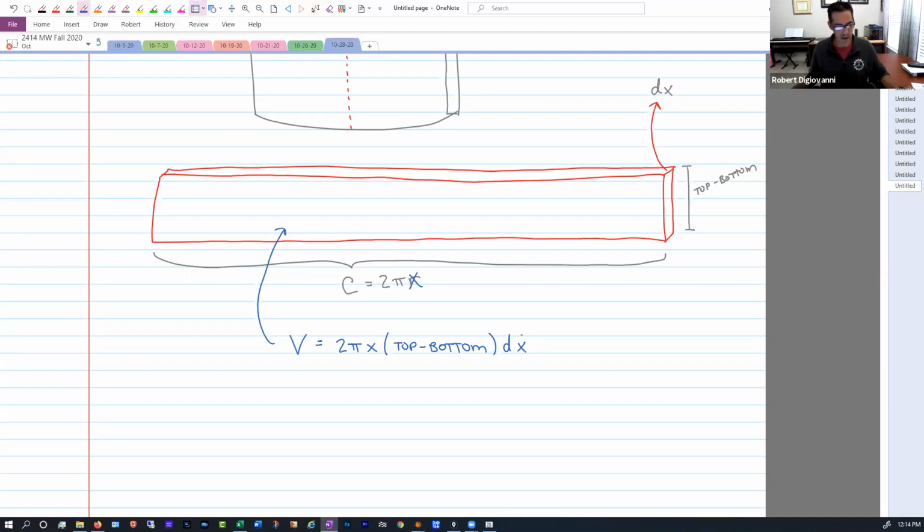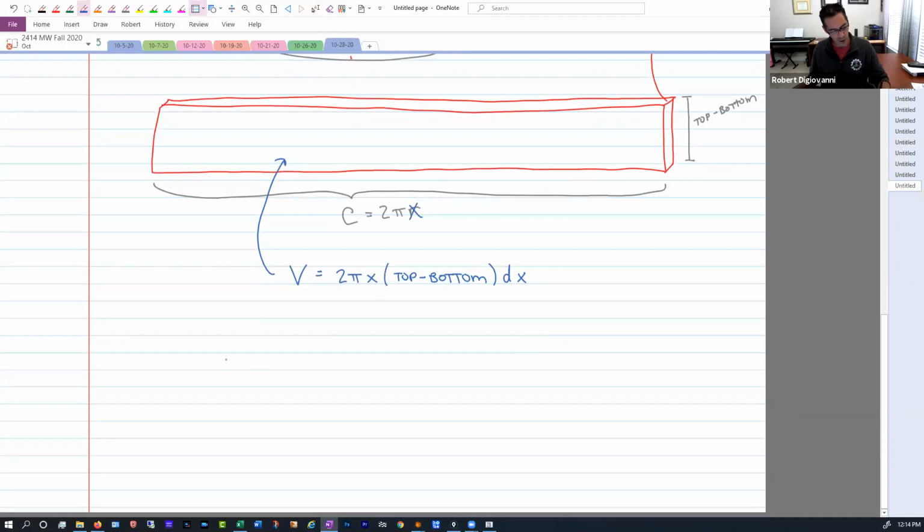So the total volume will be 2 pi, that's a constant I can pull out, right? Integral, I'm going to go from A to B because x is going to vary from A to B. It'll be x times top minus bottom dx.